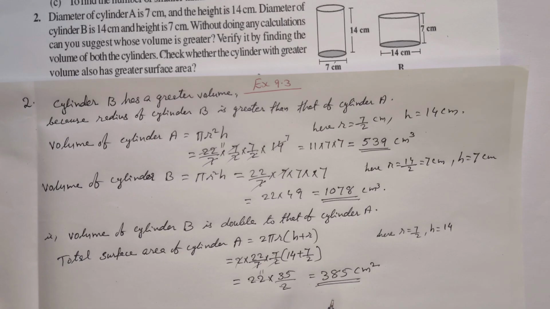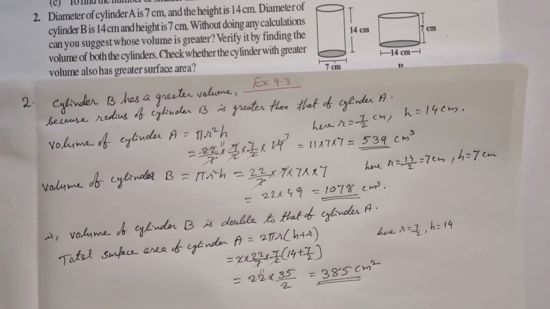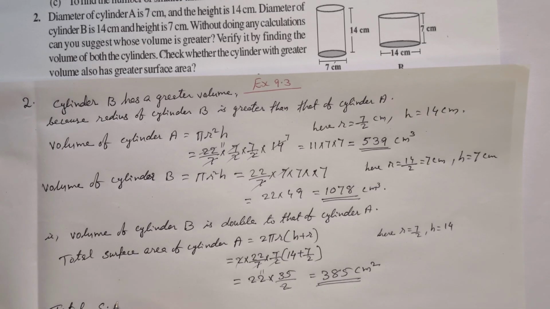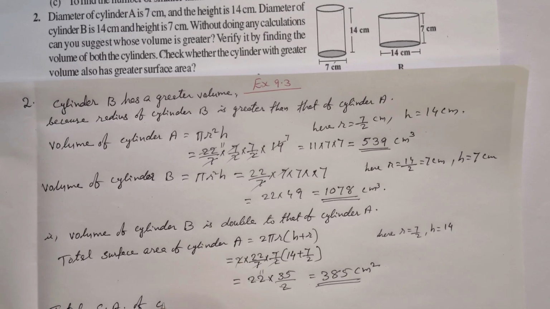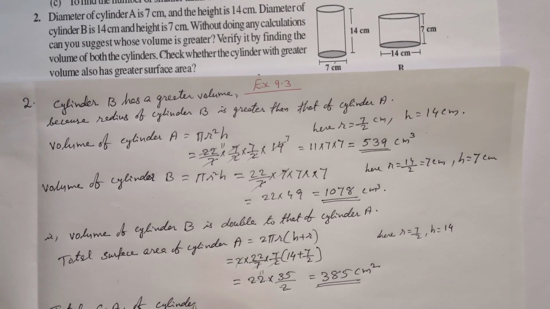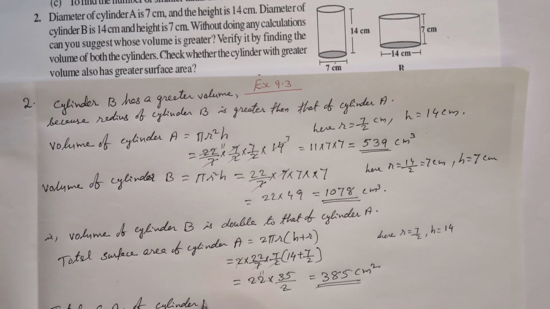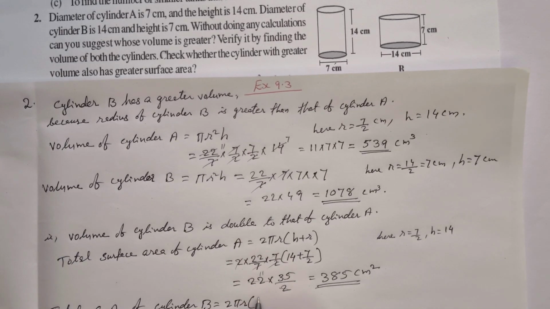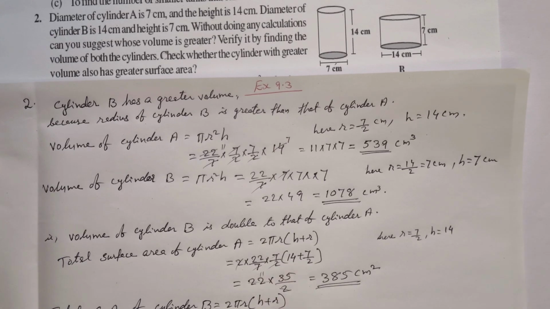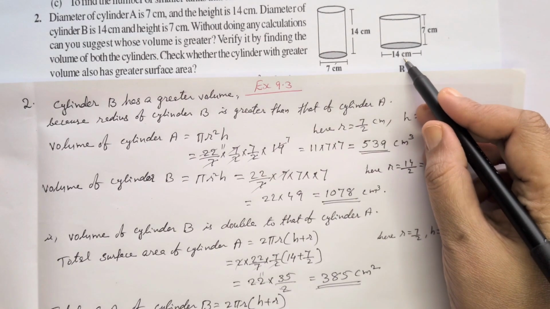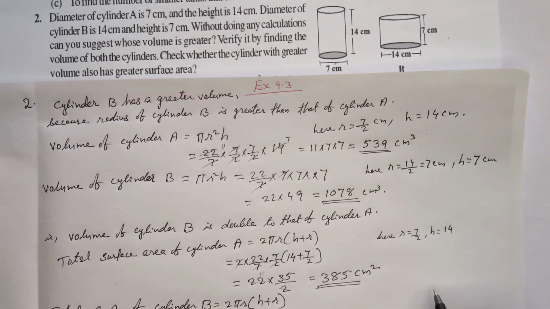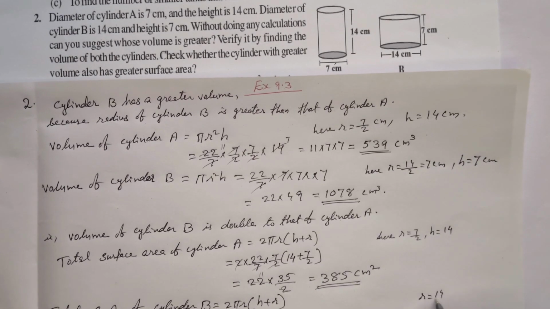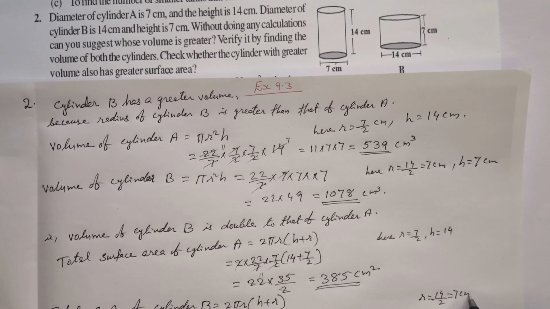Then the same for cylinder B. Total surface area of cylinder B is equal to, same formula, surface area 2 pi r into h plus r. Here radius is 14 by 2, that means 7 centimeter, and height also 7 centimeter.